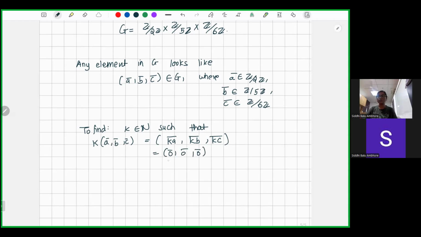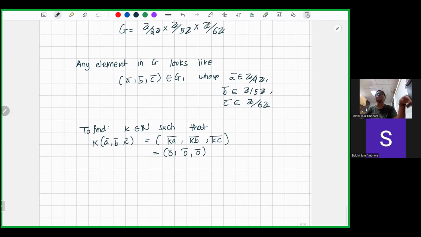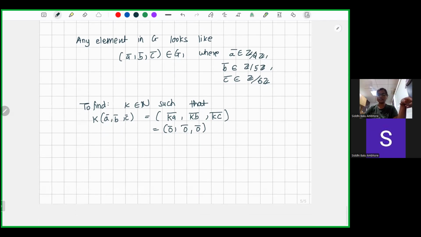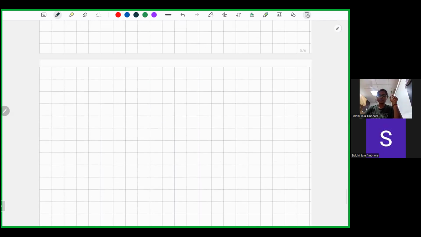The first 0 is in Z2, the second is in Z5, and the third is in Z6.